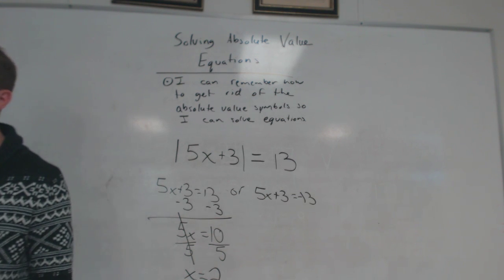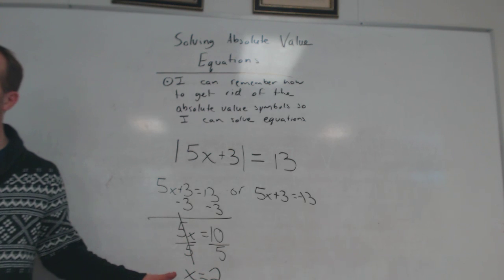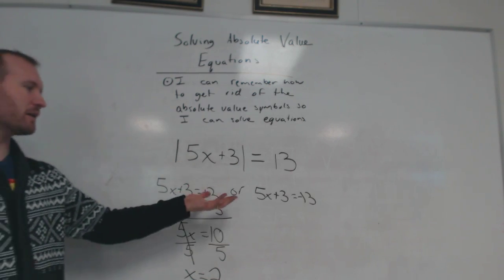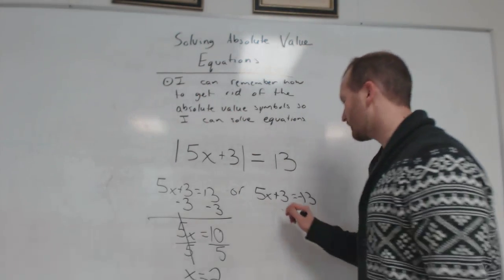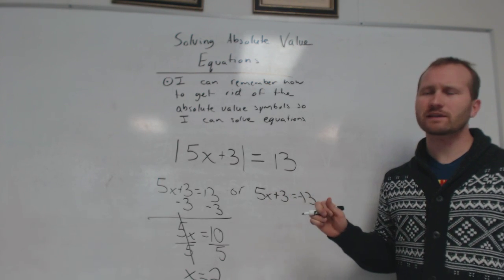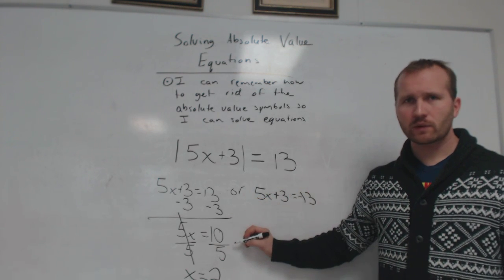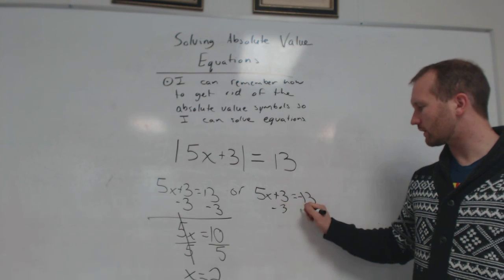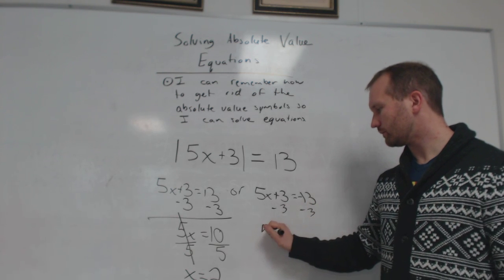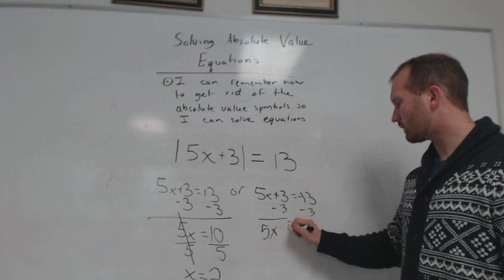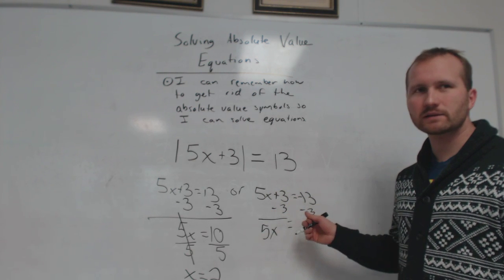Am I done? I have x equals 2. Yeah, I still have a whole other equation. Oh, yeah. Of course. Okay. 5x plus 3 equals negative 13. Now, I want you to notice that the steps to solving it are going to be the exact same. So I start by subtracting 3. In this case, I get 5x equals negative 13 minus 3.